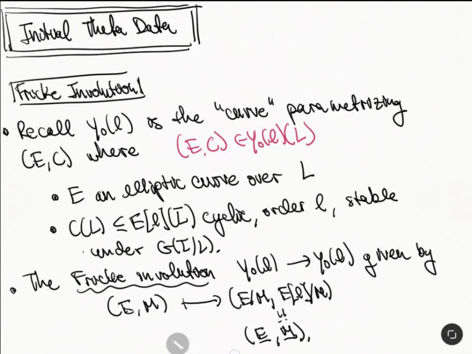Okay, so note in this definition that elliptic curves are automatically principally polarized. So we can take the dual isogeny.